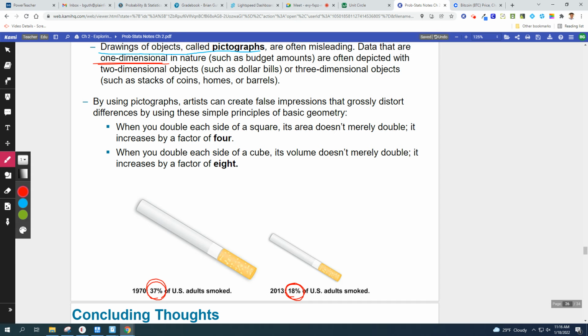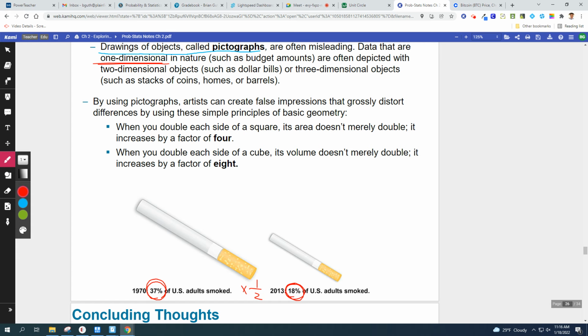That number is roughly half. 36% is twice 18%, right? So you should expect the picture to look like roughly half, but that's not the case. This first cigarette looks way bigger than twice as big.